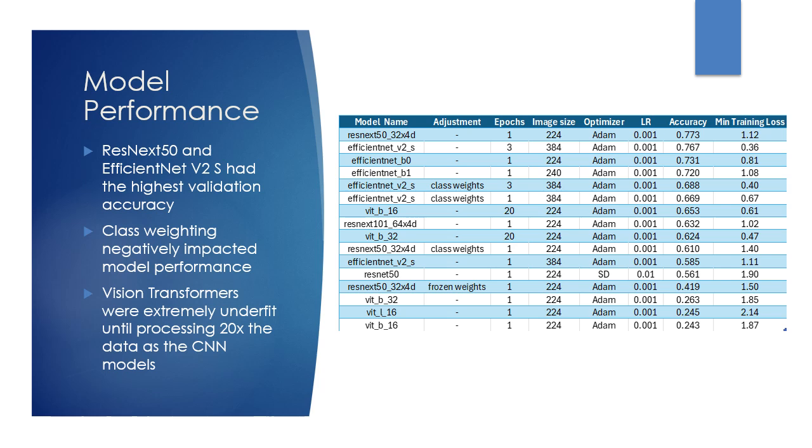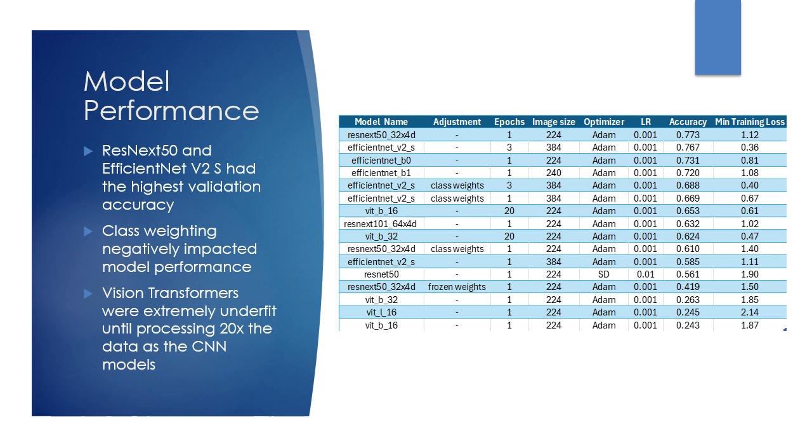Now the model performance, for each model test run, which you will see in the image right here. The models with the highest validation accuracy were the ResNext 50 model and the EfficientNet V2 model. ResNext is the more advanced version of ResNet, and EfficientNet V2 is obviously an upgrade from EfficientNet V1.